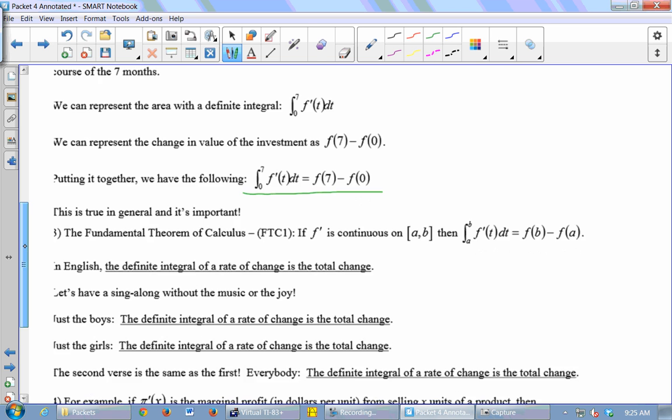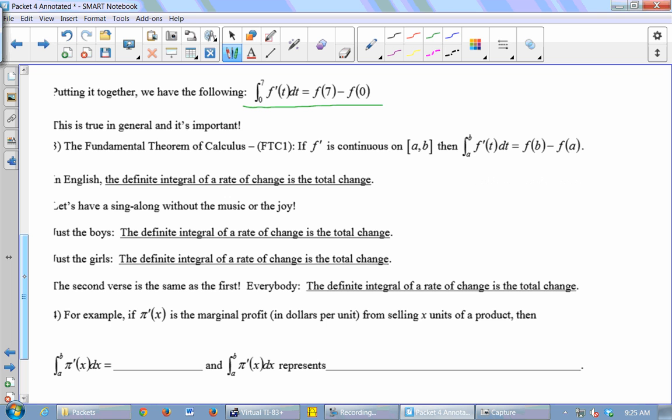This is true in general, and it's very important. It's called the fundamental theorem of calculus. If f prime is continuous on some interval, then the integral from a to b of f prime of t dt is f of b minus f of a. In English, this says that the definite integral of a rate of change is total change.